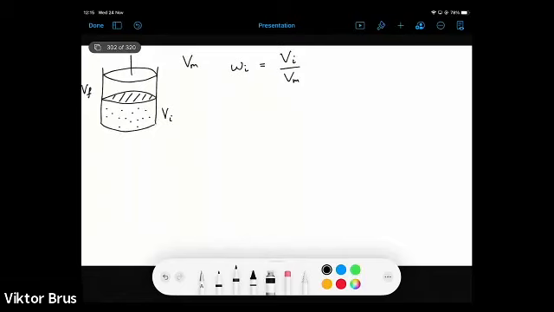If we have two molecules, the first molecule has omega i options, or locations, to occupy in this initial volume, and the second molecule will have again the same number of points to occupy in this initial volume Vi.